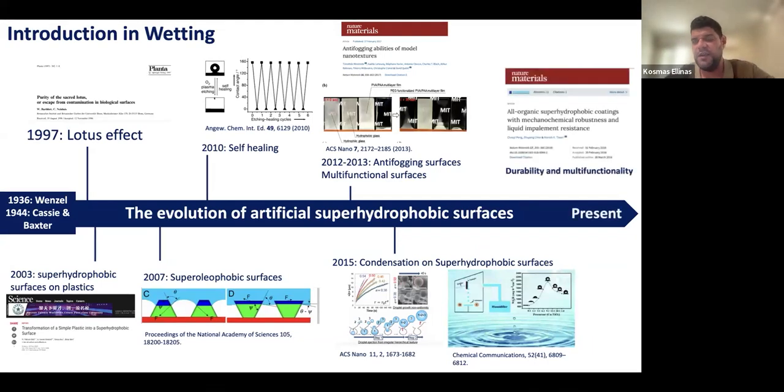And of course, nowadays, everybody is trying to make multifunctional materials that serve several functionalities and can also be durable against time, against mechanical stresses, against everything. So we want to pass this kind of technology to everyday products.